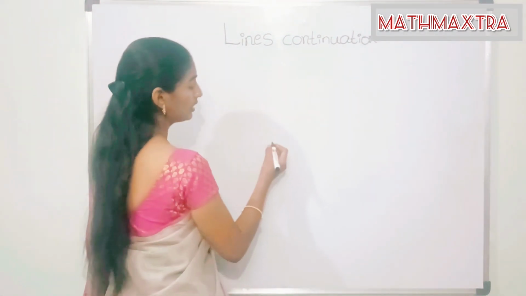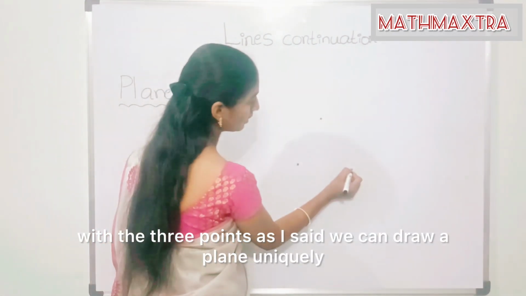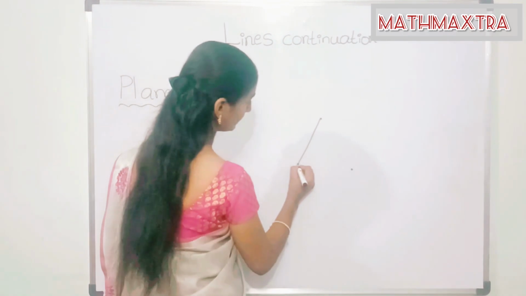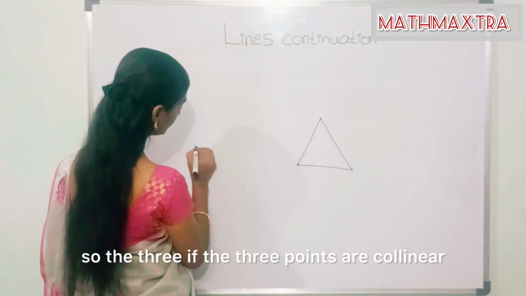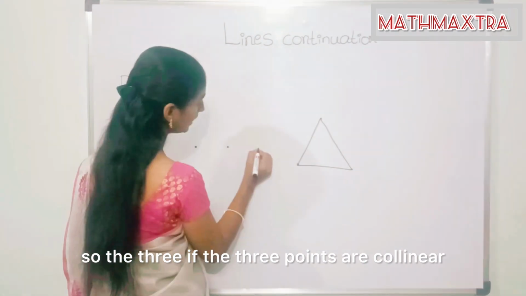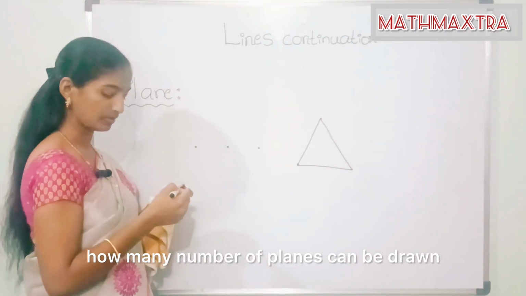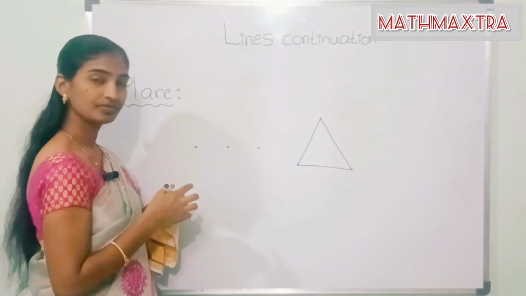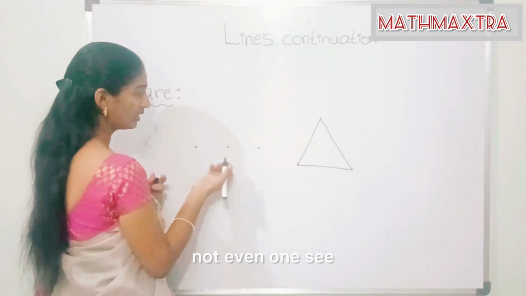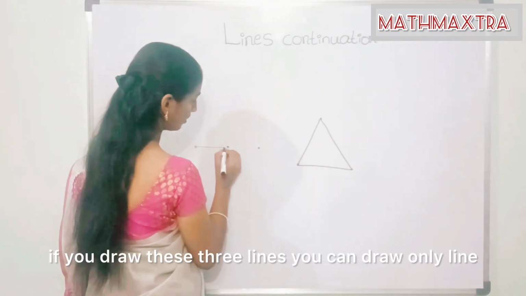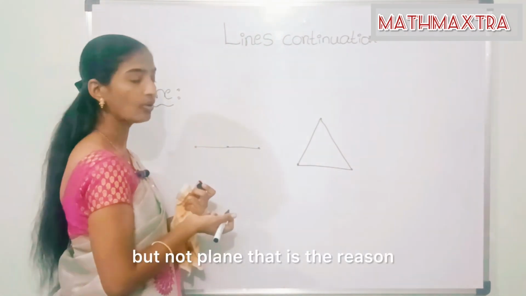And so with the 3 points, as I said, we can draw a plane uniquely. So if the 3 points are collinear, how many planes can be drawn? Not even one. See, if you draw through these three points, you can draw only a line but not a plane.